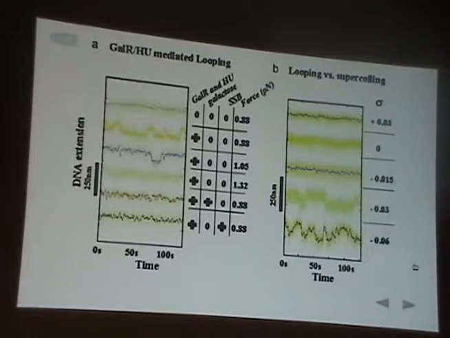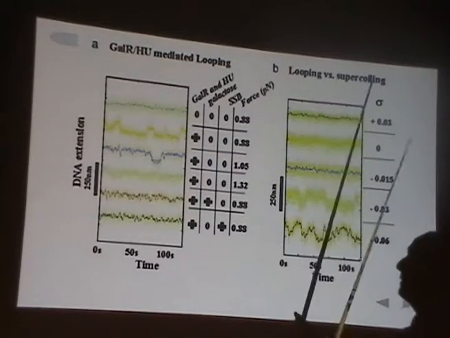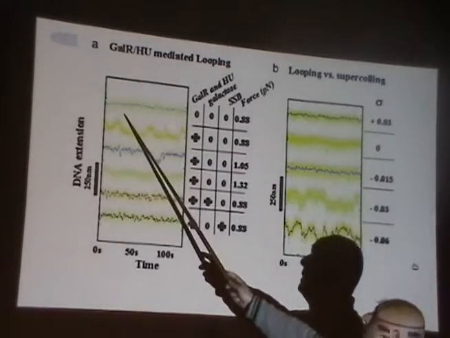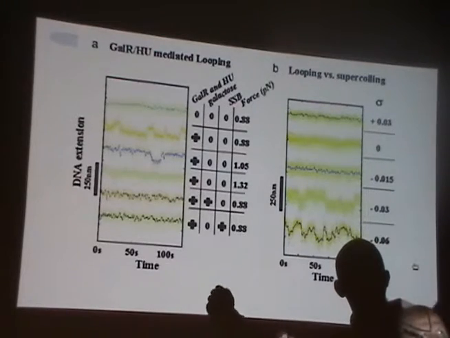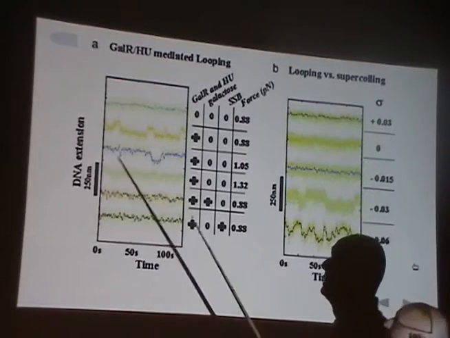Okay, so when you look at the signal, the system is quite simple: it will be open or closed. It's a two-state model. Okay? So what you expect with a two-state model, if you apply a force that is very high, you expect that the protein will not be able to bind. You are going to change the equilibrium position to the open state.